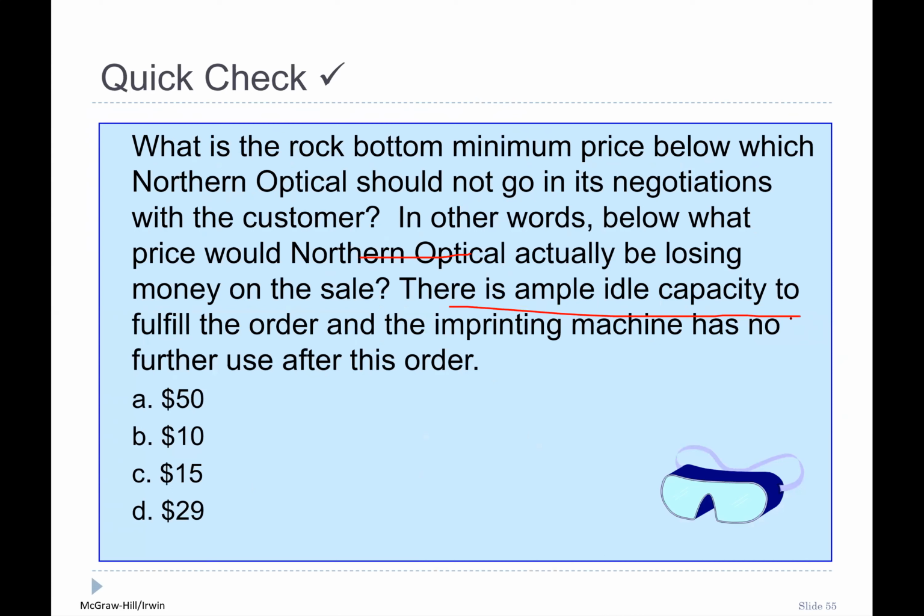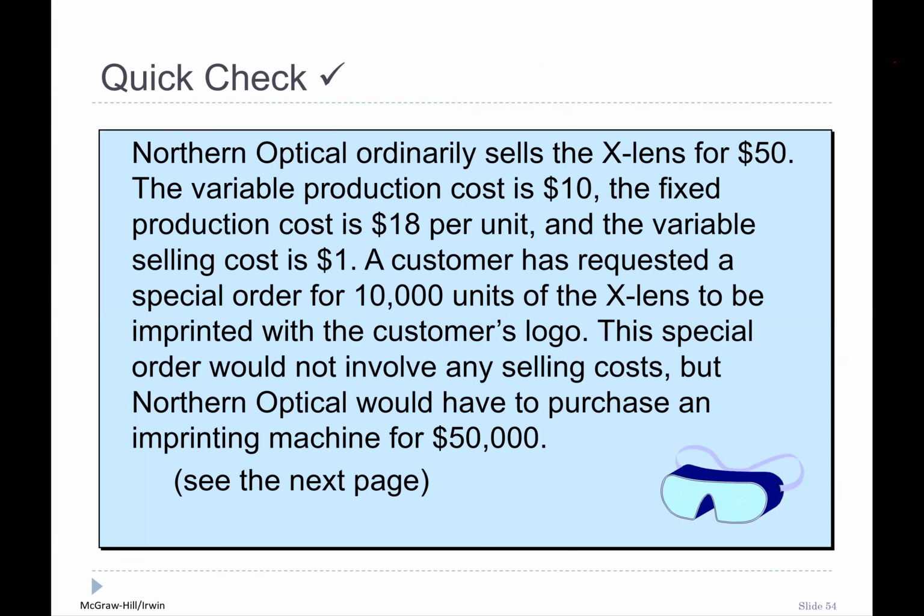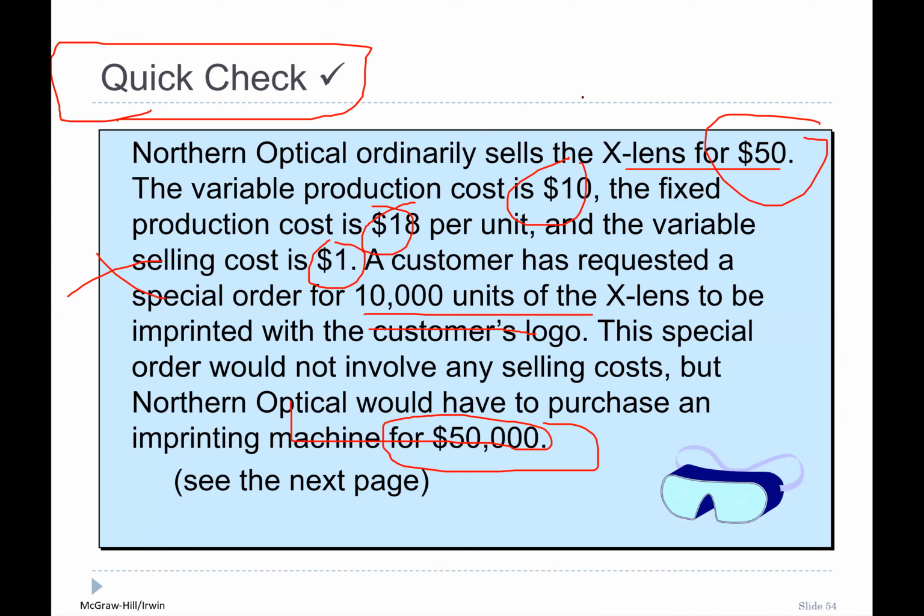There is ample capacity. So if you see here, their market price is $50, but we are not looking at the market price, so this information is unnecessary. The variable cost is 10, right? The fixed cost is 18, so we are not including the fixed cost. Why? Because this is a one-time order and fixed cost is not going to be disturbed. Selling cost is avoidable, right? They say that we can avoid this.